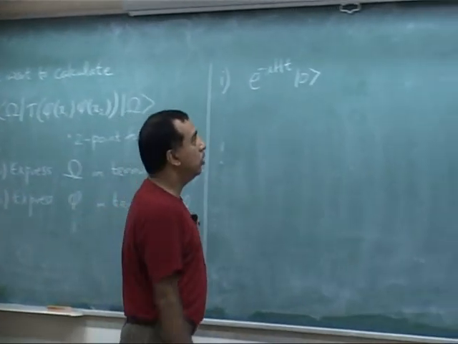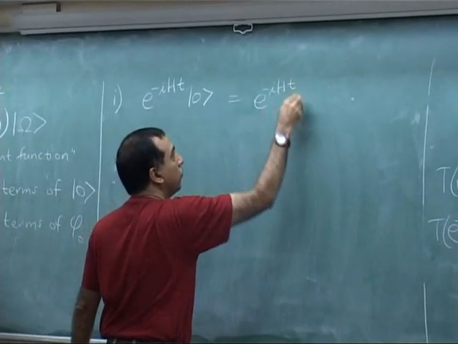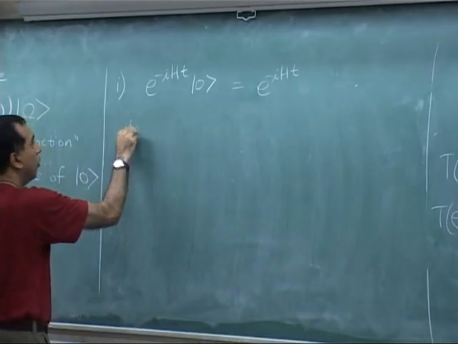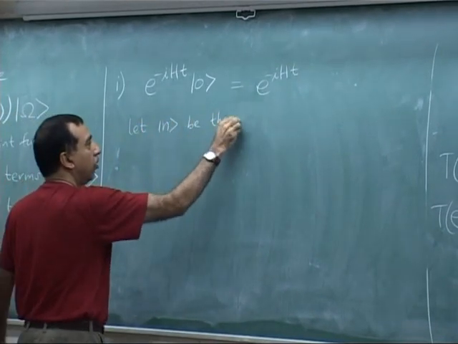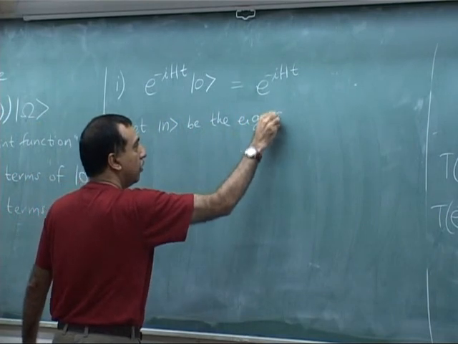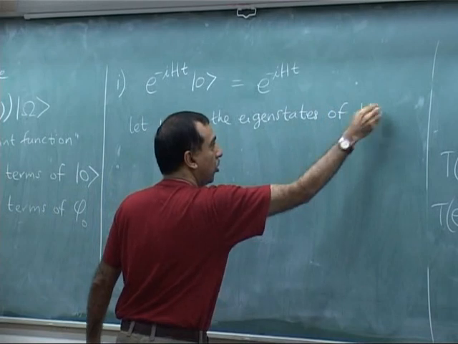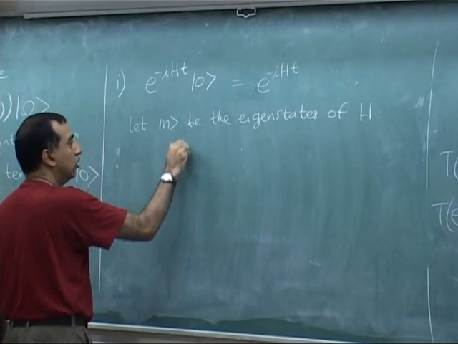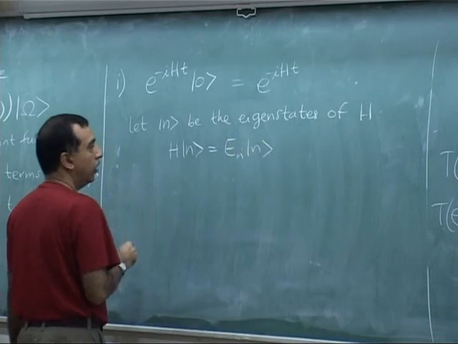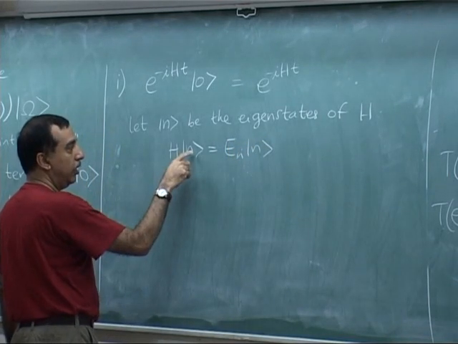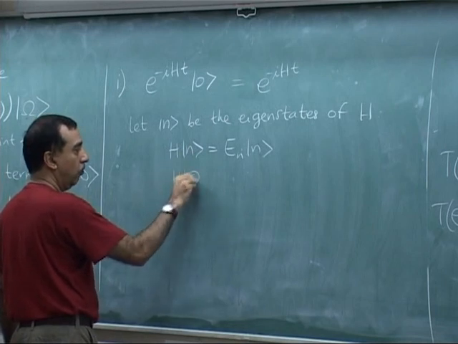Okay, so this thing I can write by inserting a complete set of states. So let |n> be the eigenstates of H, so that H on |n> is En on |n>, and for n, the lowest value is |Ω>.